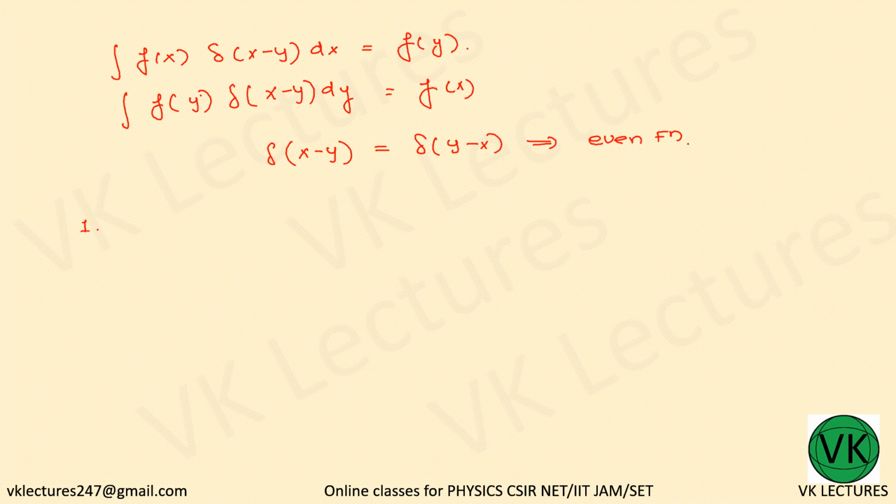Now, just for clarity, the integral from minus 1 to 1 dy, integral from minus pi by 2 to pi by 2 dx, of delta of sine 2x divided by, delta of sine 2x into delta of x minus y.